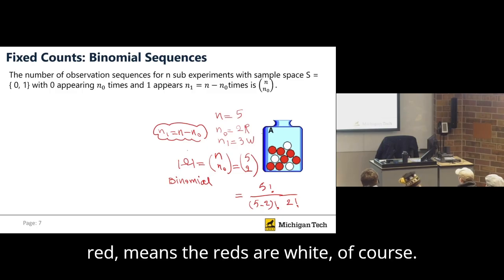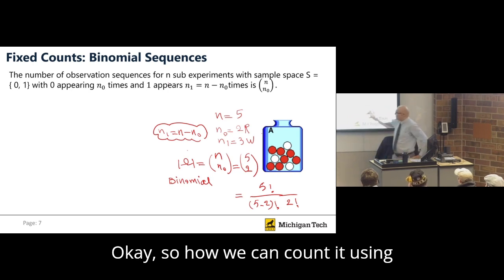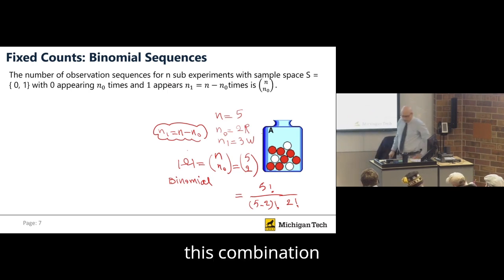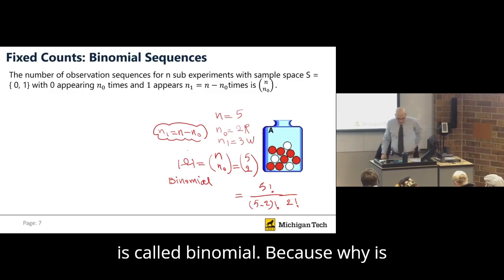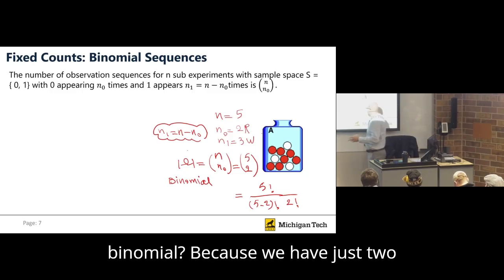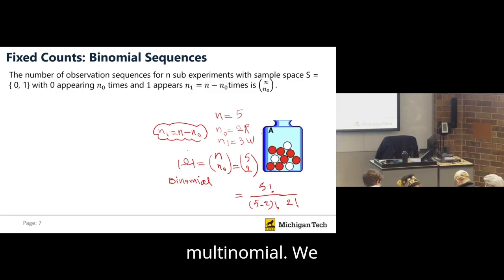If 2 of them are red, the rest are white, of course. We count it using this combination, and it's called binomial because we have just two choices. If we have more, we call it multinomial.